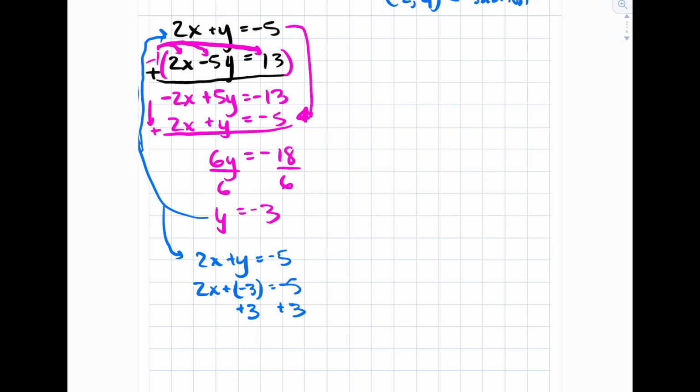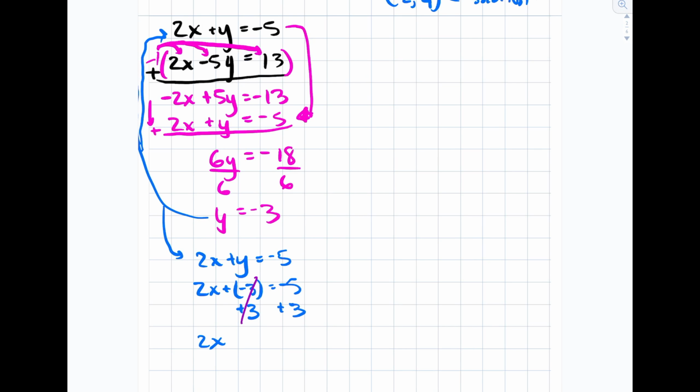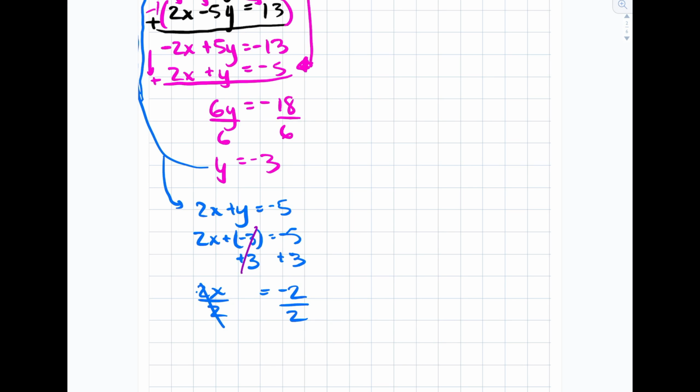Add 3 to both sides because that is a negative, right? The opposite is a positive. And then I'm going to bring down the 2x. This here, the -5 and the 3 make -2. And we're going to divide both sides by 2. And x, these cancel out, x is equal to -1.